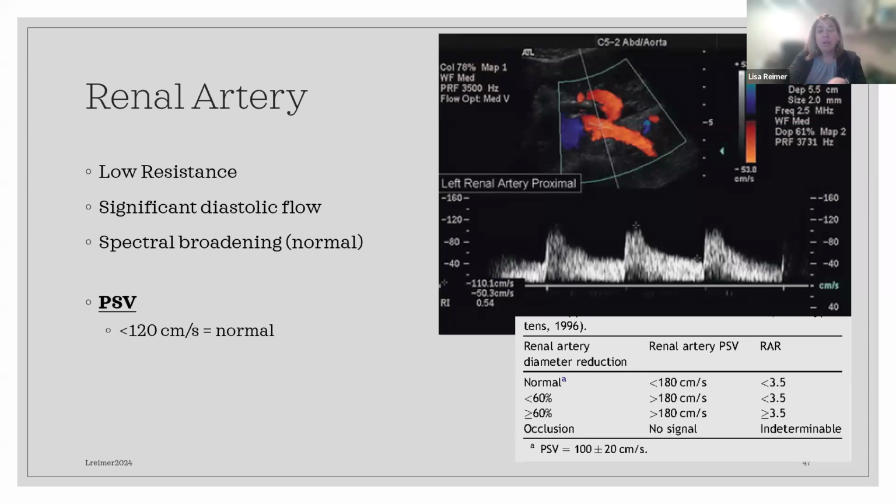And even spectral broadening is appropriate to see. So everybody's moving forward at all times. All these red blood cells just keep moving forward. When we do the Doppler, we're really concerned about the peak systolic velocity, and that should be less than 120 centimeters per second.